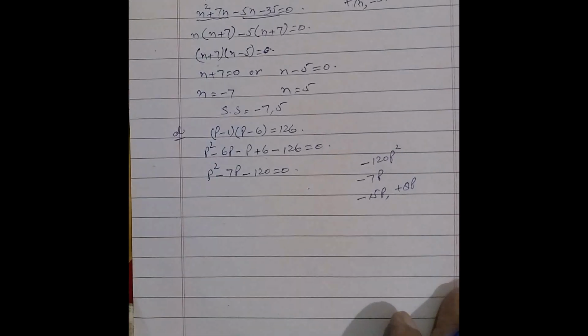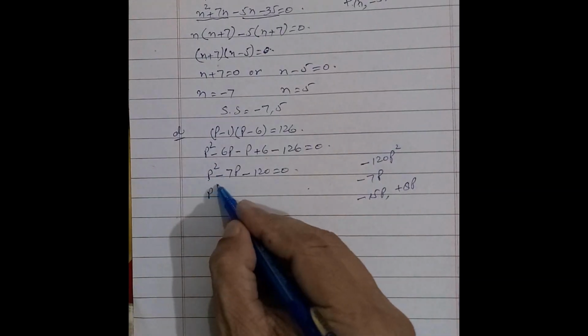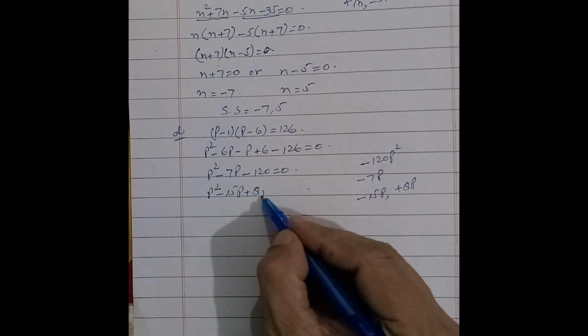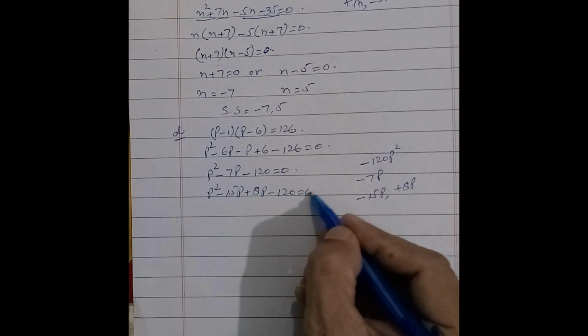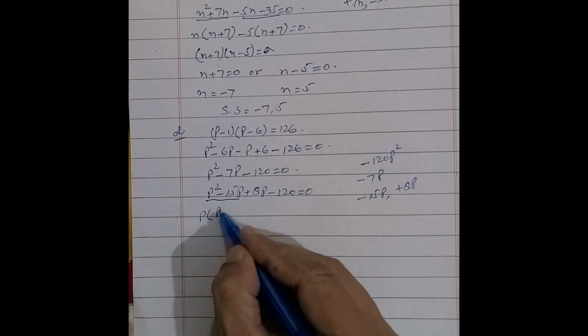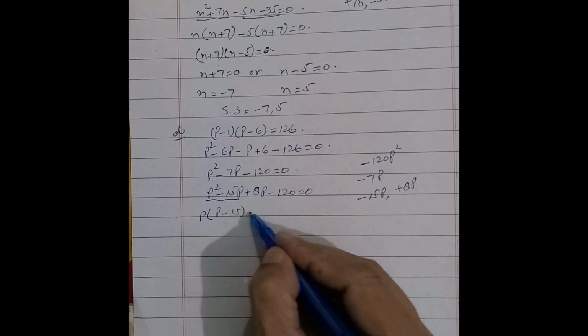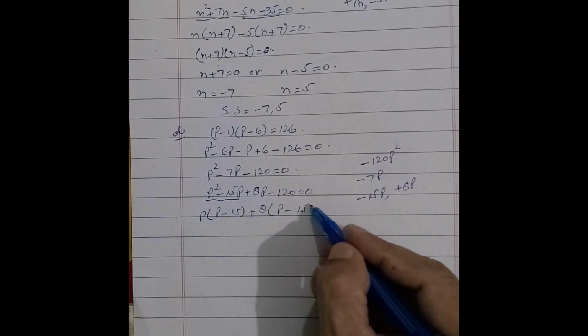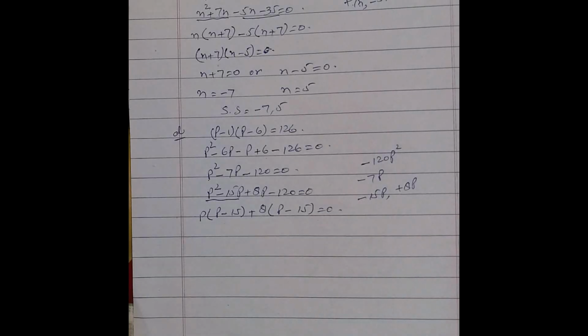So we put the values to find the value of p. p square minus 15p plus 8p minus 120 is equal to 0. Take common p. Remaining value is p minus 15, plus 8, p minus 15 is equal to 0.